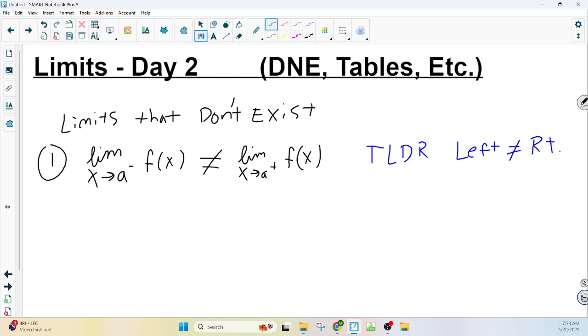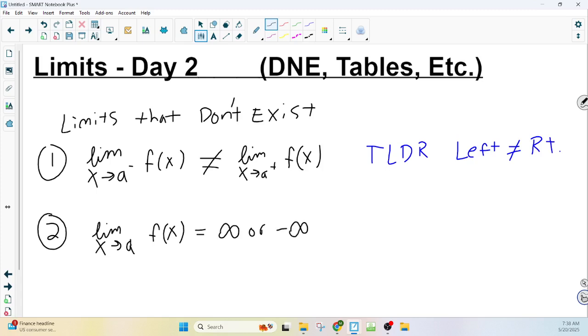The second one that doesn't exist is going to sort of make sense. It's basically saying that if the limit as x approaches a, which is just some number, of f of x is equal to infinity or negative infinity, that doesn't exist either.